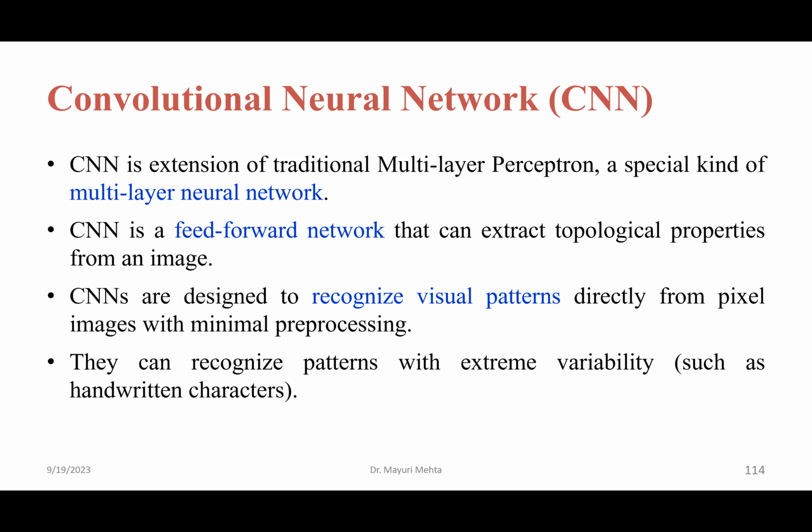CNN recognizes visual patterns directly from pixel images, and that too with minimal pre-processing time. And CNN can recognize patterns with extreme ability, such as handwritten characters and so on. So this is a brief idea about the CNN.